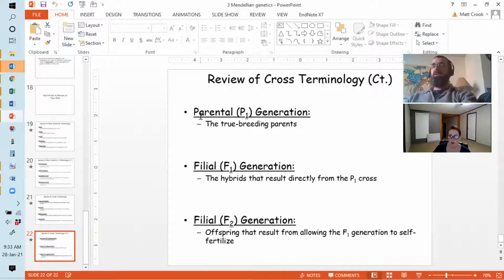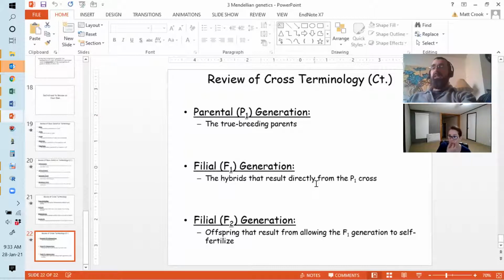The P generation have true breeding or homozygous parents. Typically in a dihybrid, one parent is homozygous dominant for both genes, the other homozygous recessive. It doesn't actually make any difference whether they are or not. You get the same output.